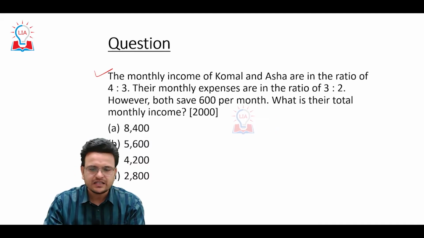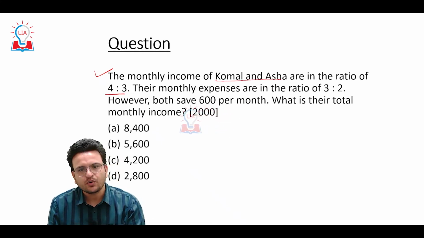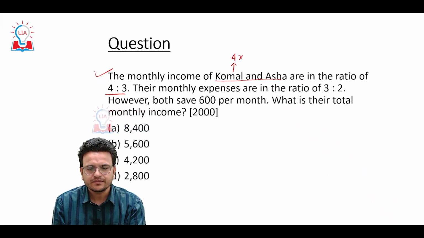The monthly income of two persons, Komal and Asa, are in the ratio. Yesterday I told, whenever a ratio is given, we can say that the monthly income of Komal is 4x and the monthly income of Asa is 3x.